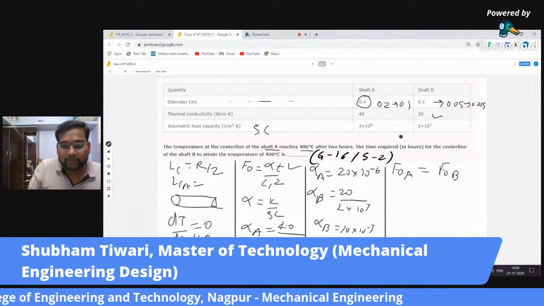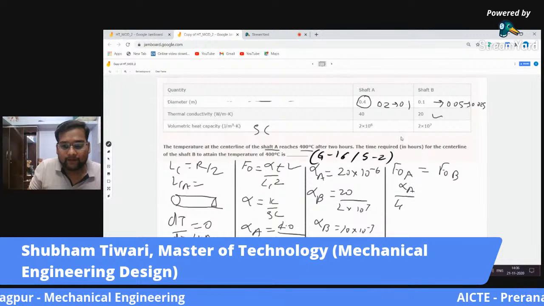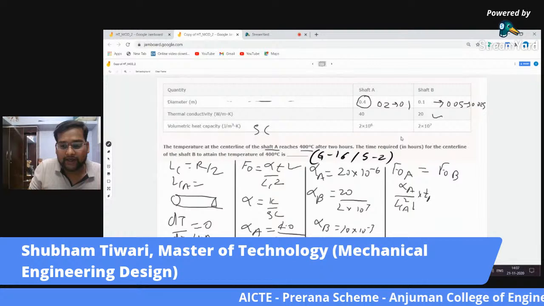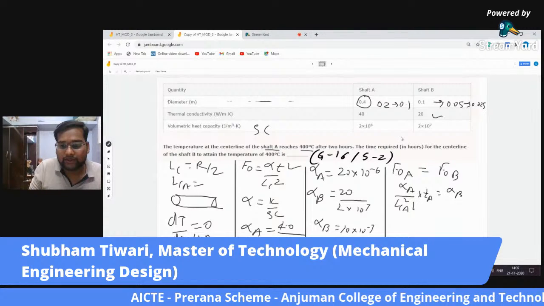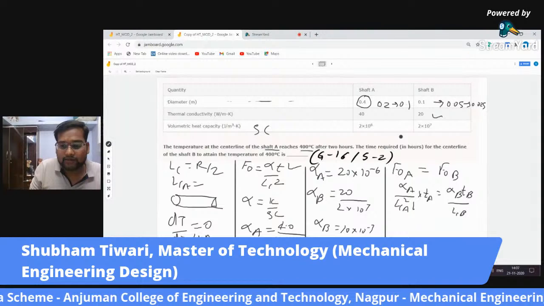So in this equation, putting the values of alpha A upon Lc A square multiplied by T A equals alpha B into T B upon Lc B square.